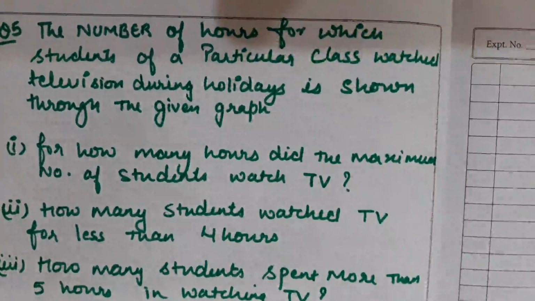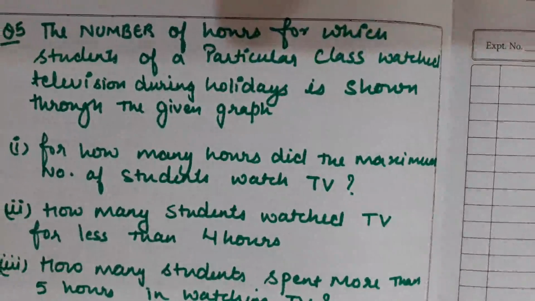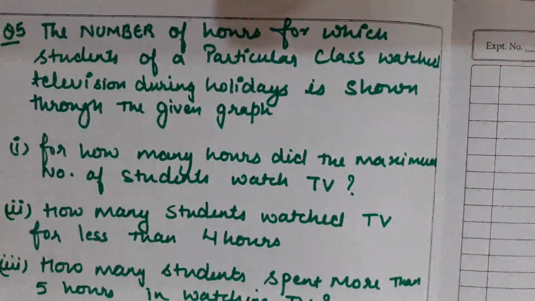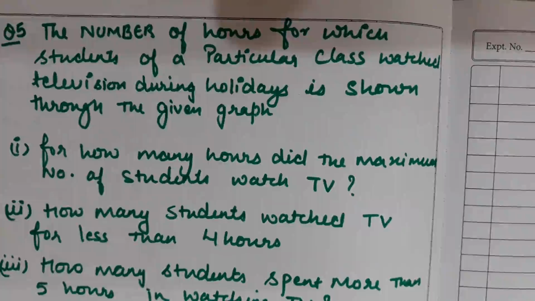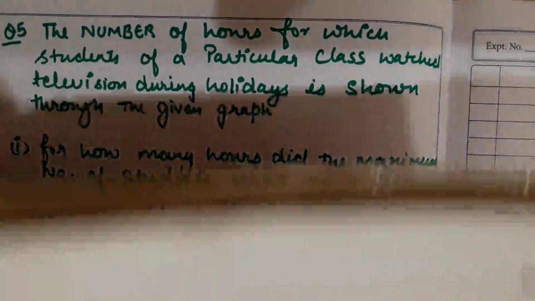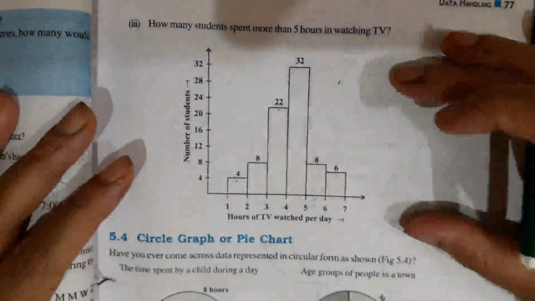Now in question number 5, a graph is given to you. You have to answer the following questions. The number of hours for which students of a particular class watch television during the holidays is shown in the given graph. In your book this type of graph is given.